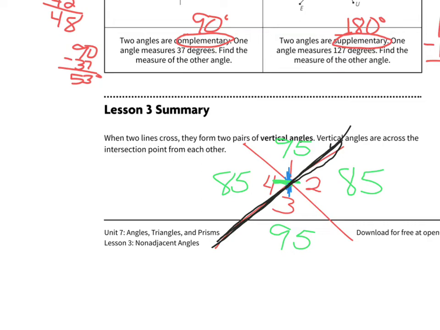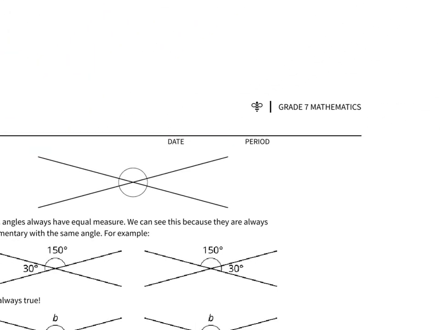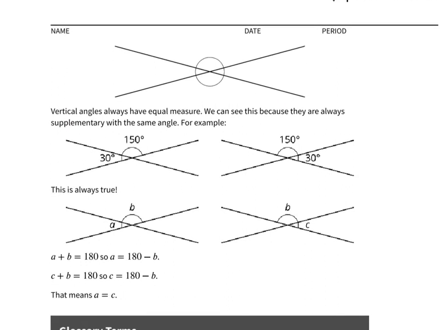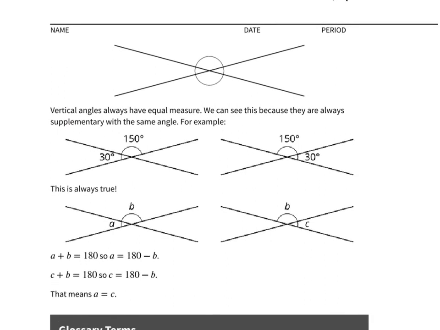Now if we look at the summary here, this is the top of page 27. Vertical angles always have equal measure. We just went over that. We can see this because they're supplementary with the same angle. For example, we know 150 plus 30 is 180.